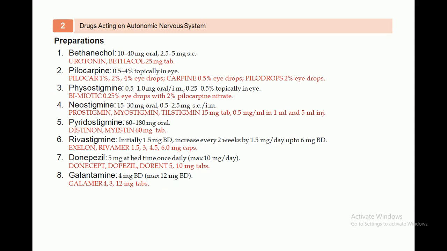There are other available brands, such as Galamid, which is also available in 4, 8 and 12 milligram tablets. So these are the preparations available in different doses, and you will have to memorize all these doses by fingertips.